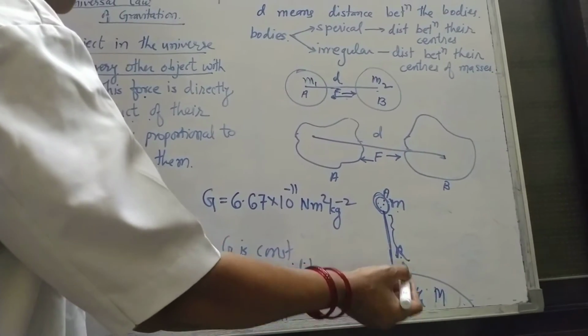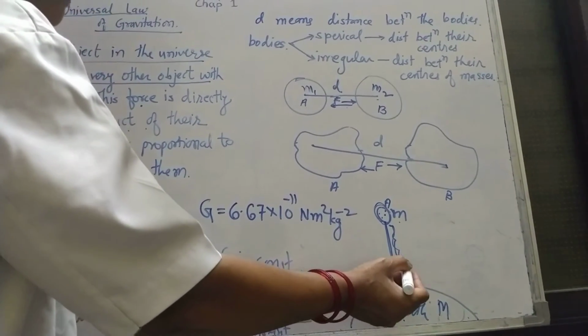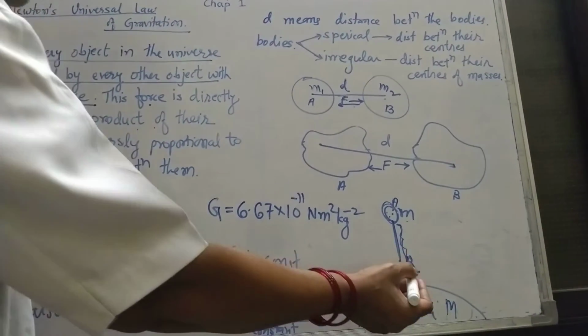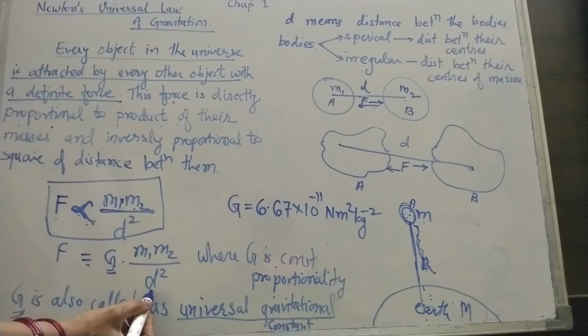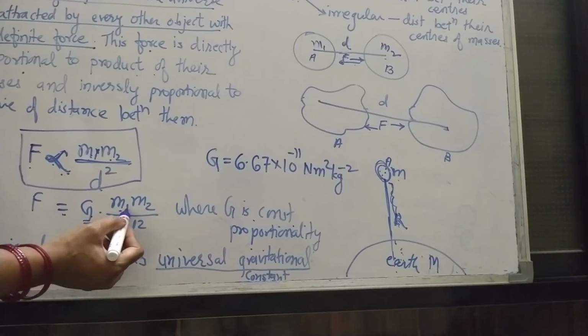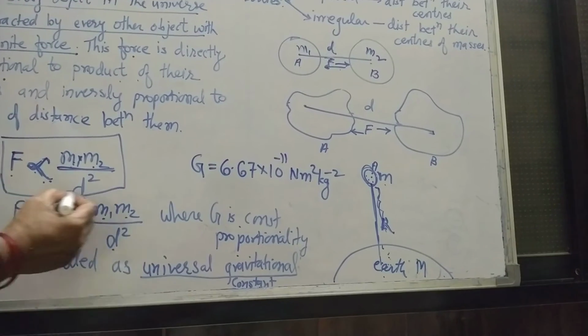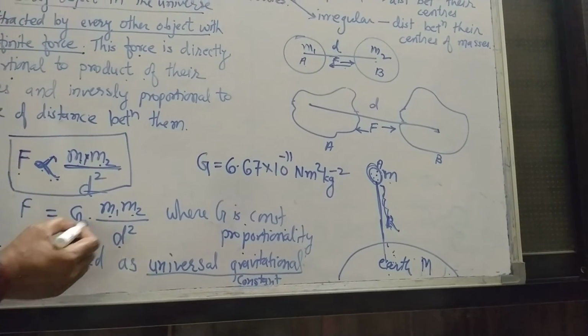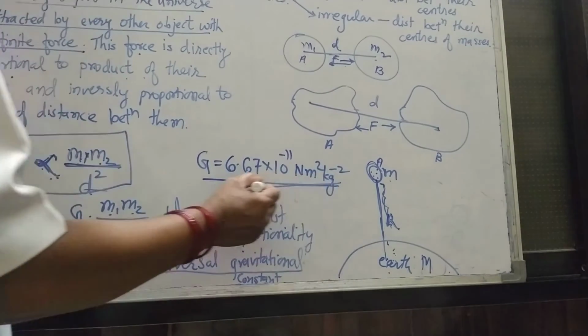Therefore in this example we take the distance of the object from the earth as the radius of the earth. Then keeping the value of d as r, the radius of the earth, with one object as the earth and the second one our considered object, we can find out the value of G. We have already calculated it in 9th standard.